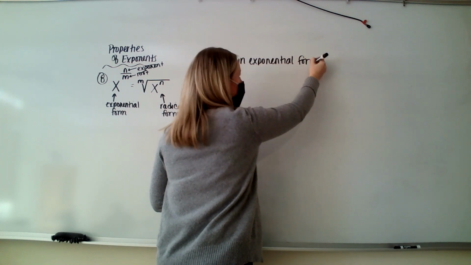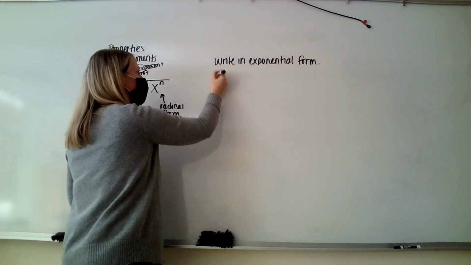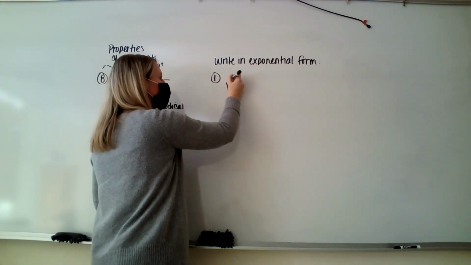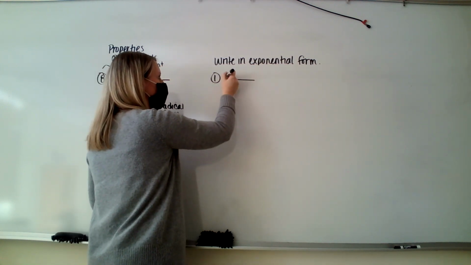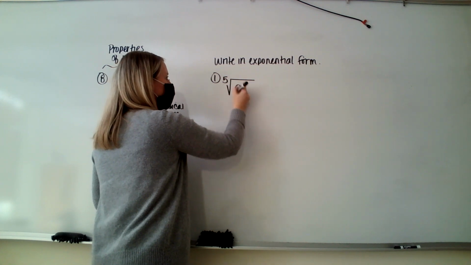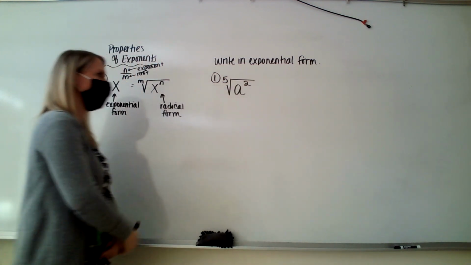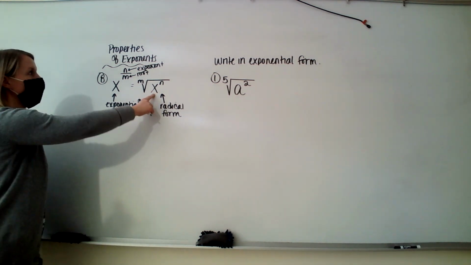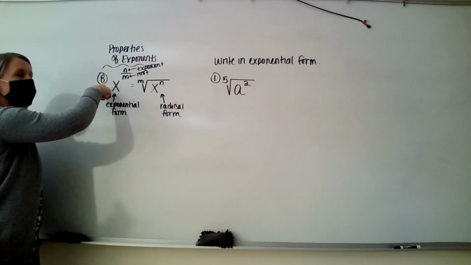Let's start with just a basic one, then we'll work our way up. So we're basically doing the opposite of what we just did. We're starting on this side of the rule, and we want to write it in this side.